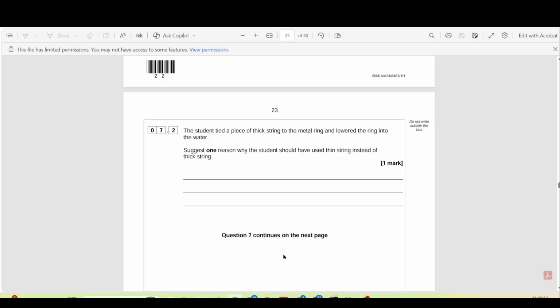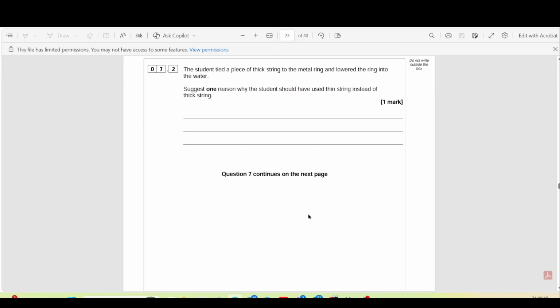It is to minimize the volume of water displaced by the string, because when measuring the volume of the metal ring, a thick string would displace more water than a thin one, right? So this would lead to an overestimate of the ring's volume, which will make the result less accurate. So if we use a thin string, it ensures almost all the displaced water comes from the ring itself, rather than a thick one.